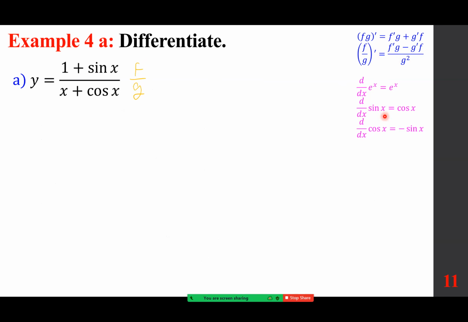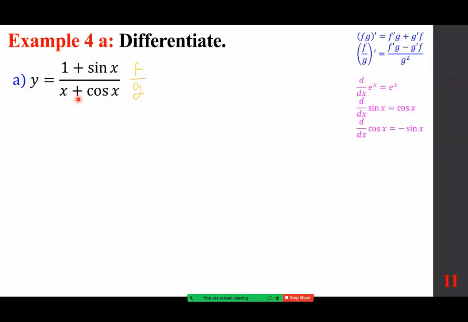And knowing that the derivative of sine is cosine, the derivative of cosine is negative sine. So the top, I need f prime. The top gives me cosine x times the bottom. Just write it. Minus g prime, the bottom, gives me 1 plus negative sine x.